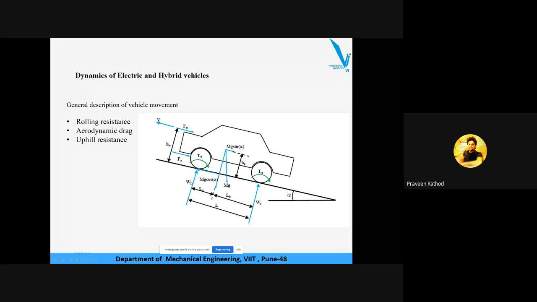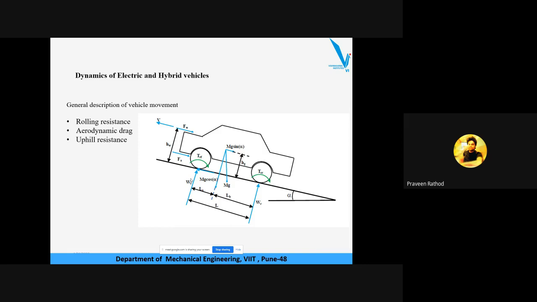We can say it is the contact area between the tires and driven wheel on the road surface, which is used to propel the vehicle in the forward direction. The tractive force is produced by the power plant and transferred to the driving wheel through the transmission and the final drive. When the vehicle moves, it encounters a resistive force that tries to retard its motion.